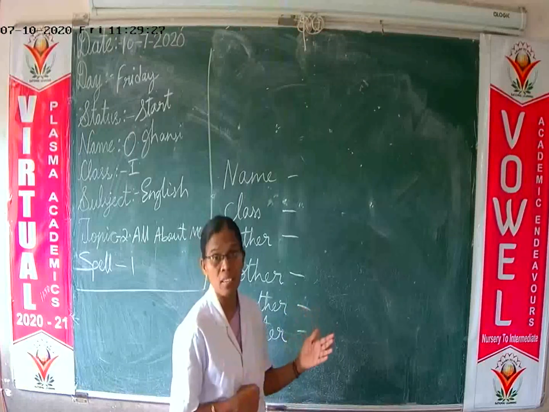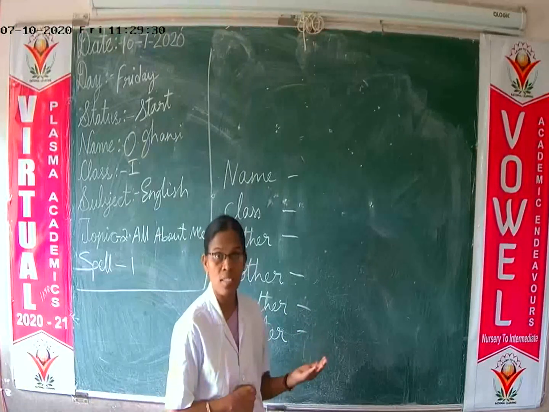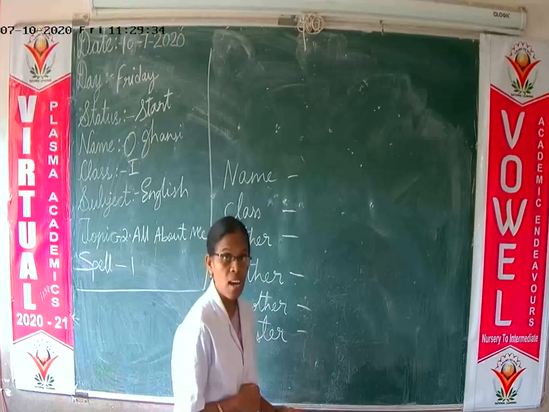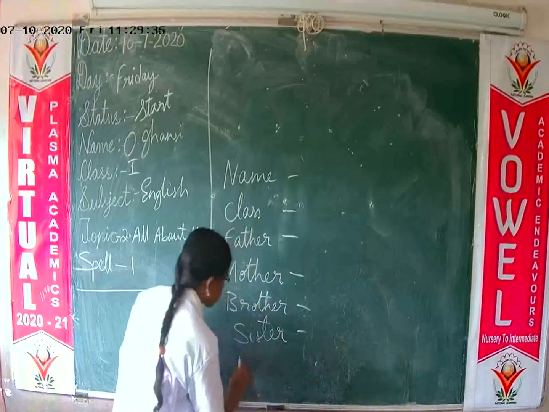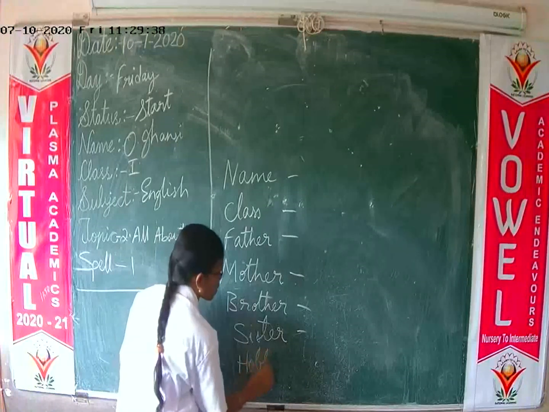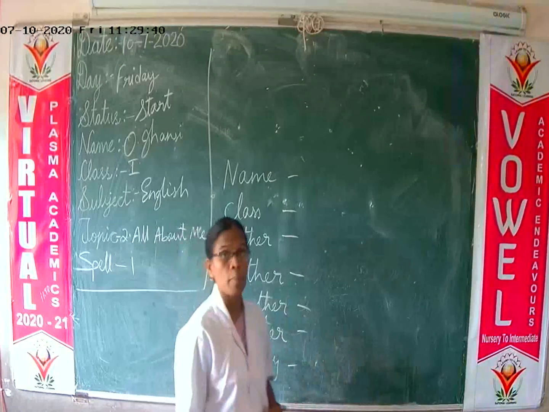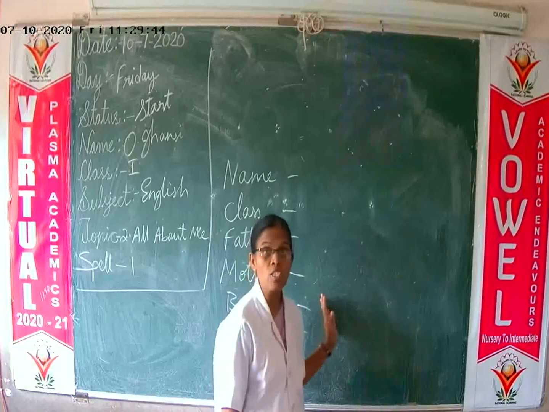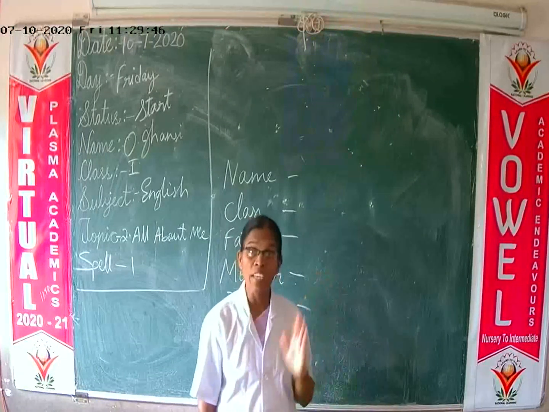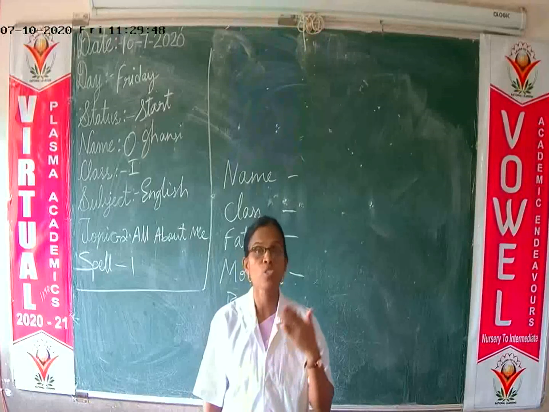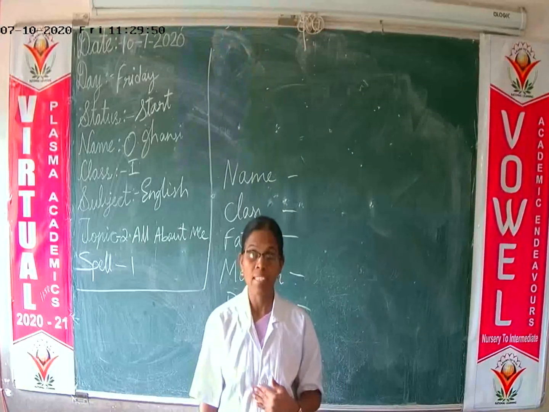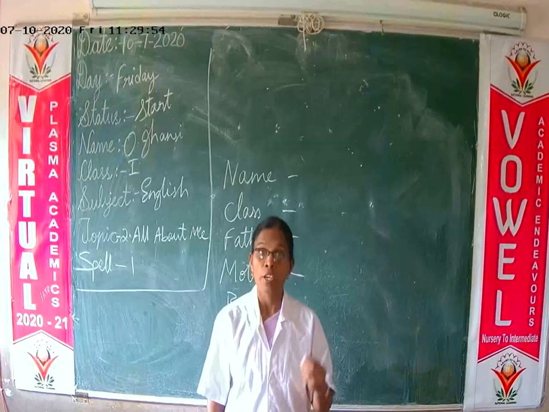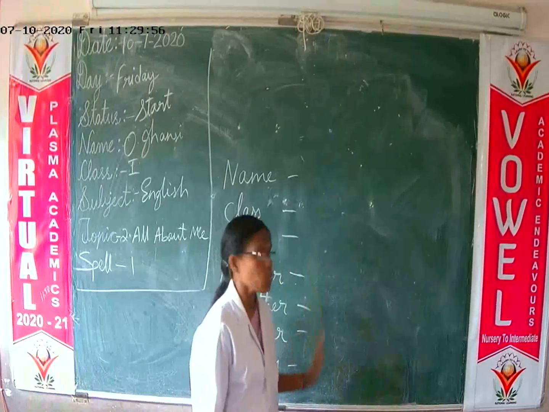If you have a brother or sister, you have to say about them also. At last, tell about your hobby. These are the points you have to remember when you have to introduce yourself.